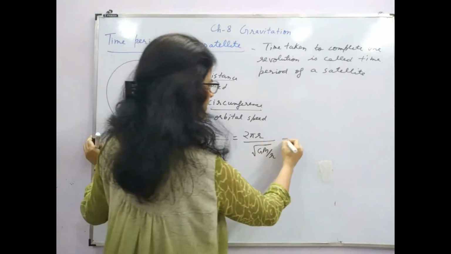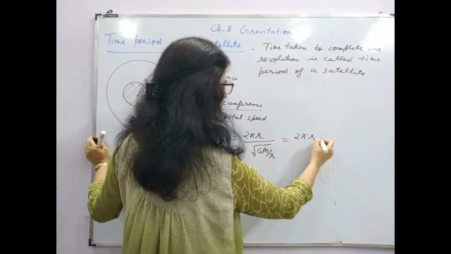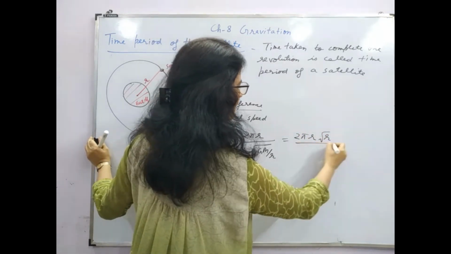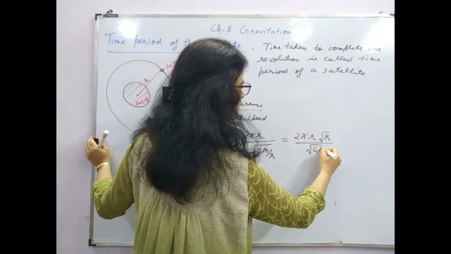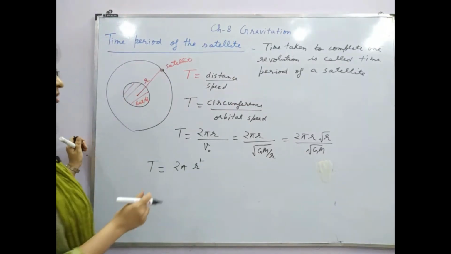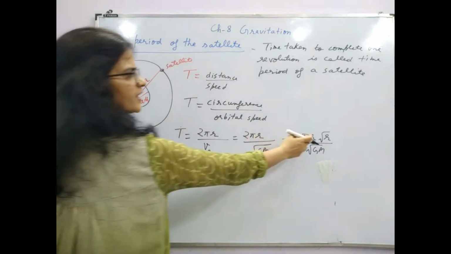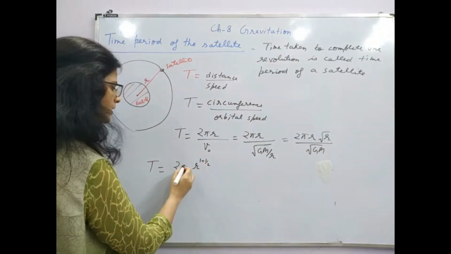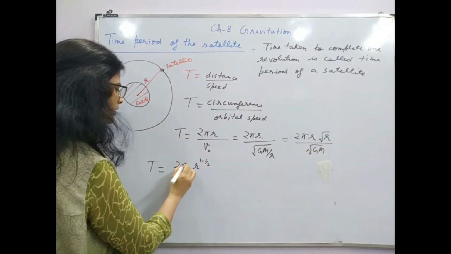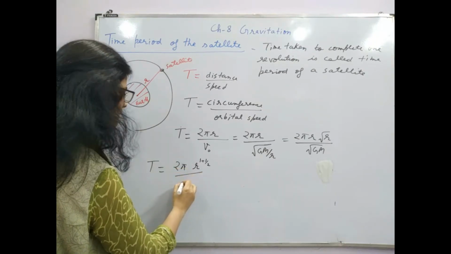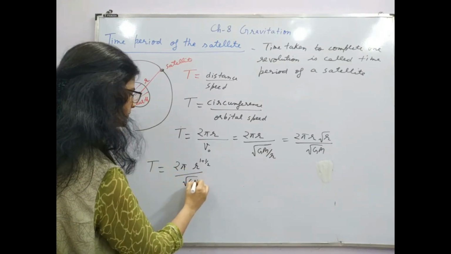We can solve it further. This is 2 pi r, and this root r will go up and this root GM will stay here, right? So this can be written as 1 plus 1 by 2. If bases are same, powers are added. So this will be under root of GM here.